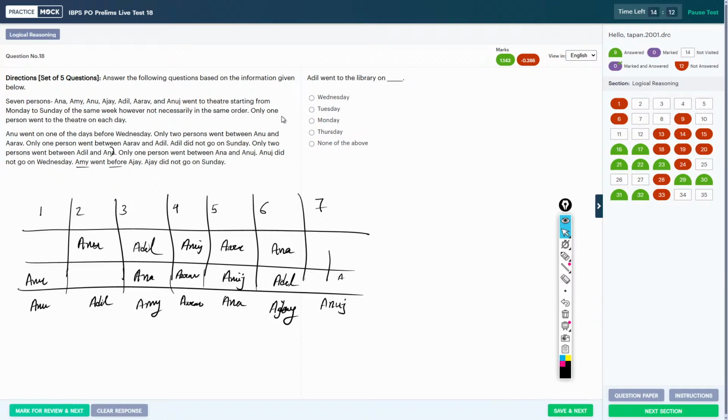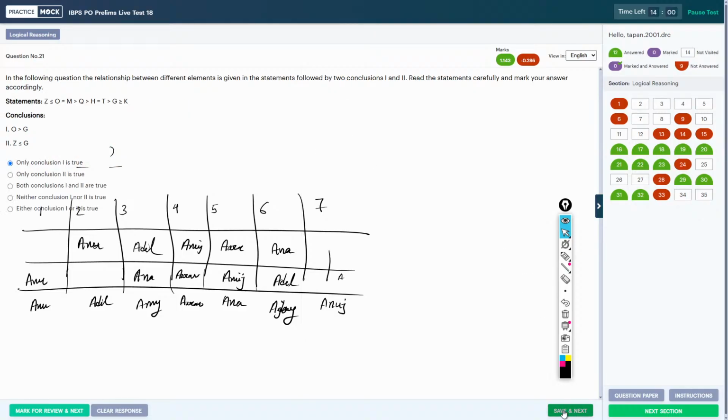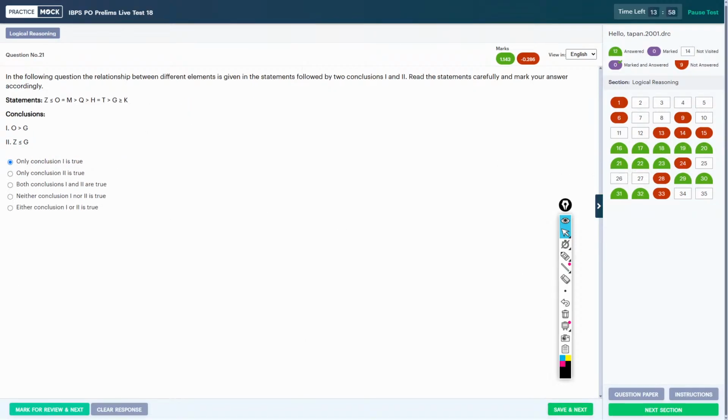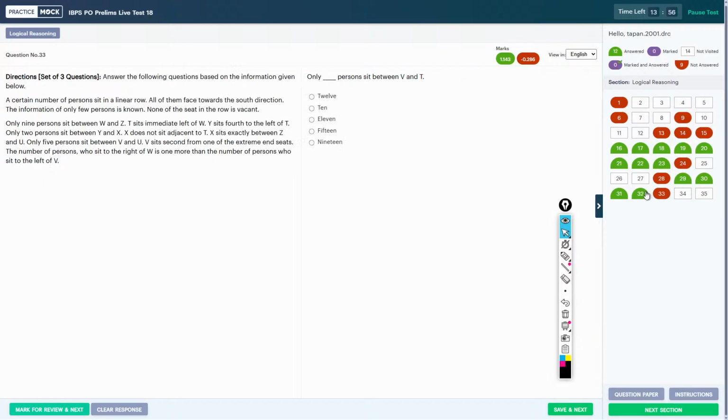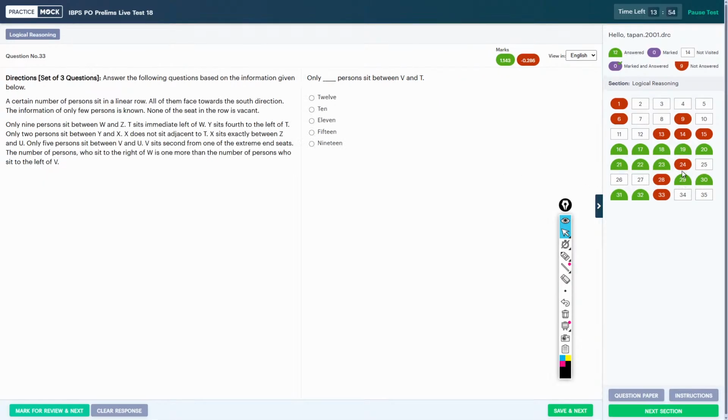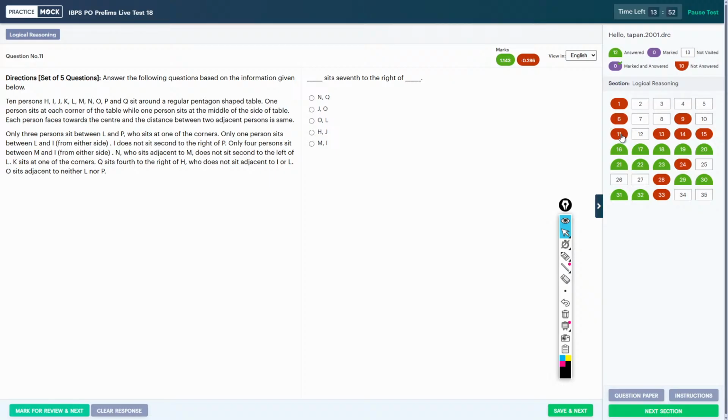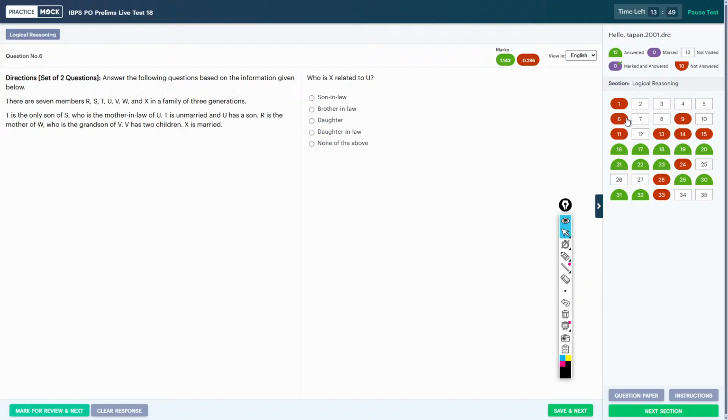Adil went on second Tuesday. So Thursday is Arav, Anu and Anna. Amy. Okay, how many? 3. Okay, so this is no, not now. Not now. 10% Pentagon, not now.